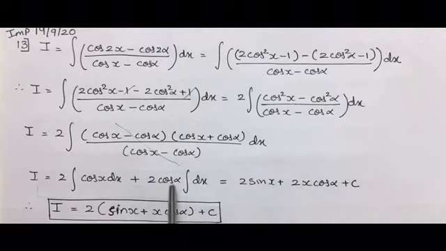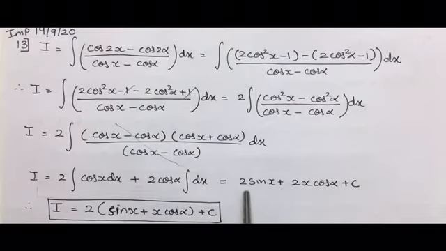So we have here 2 cos alpha and integration of only dx. Cos integration is sine and integration of 1 is x. So the final integration that we get becomes 2 sin x plus 2x cos alpha plus c.